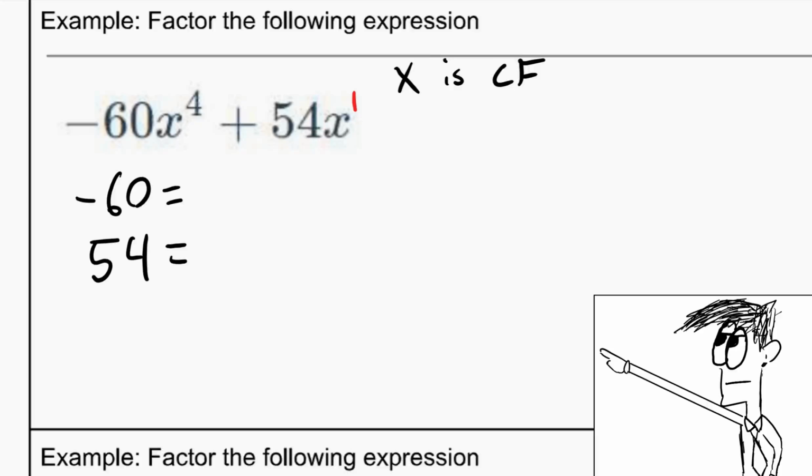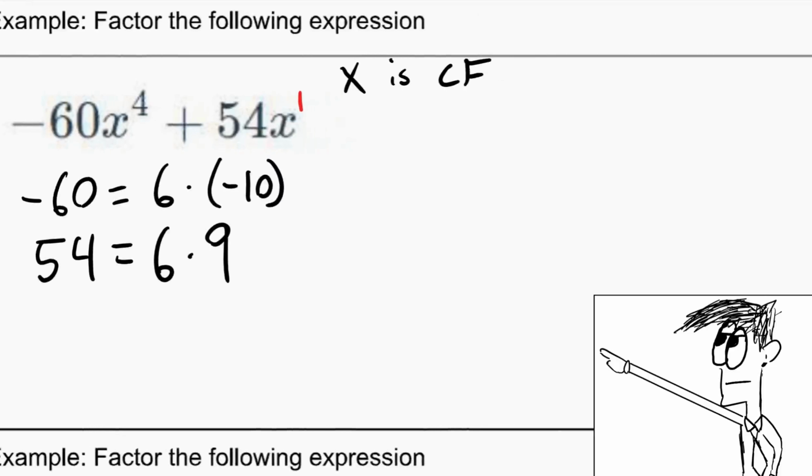It can only be obtained with 27 times 2, and also 6 times 9. Yeah, 6 times 9. And then negative 60, we can write that as 6 times negative 10. So we can actually take that 6 out of both of these terms.